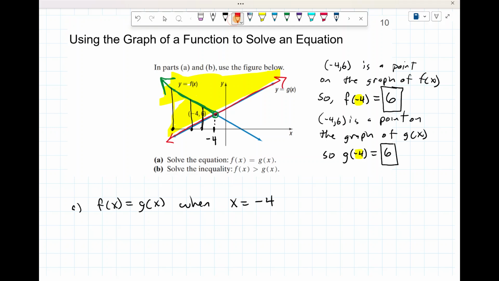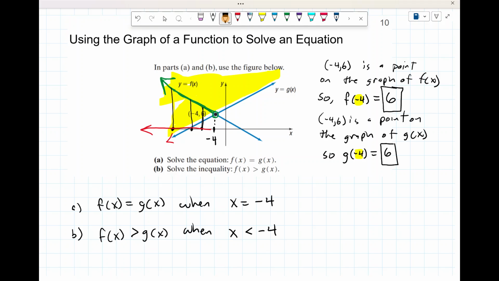So when is f of x bigger than g of x? All these points going to the left, right? So those are all the points less than -4. F of x is greater than g of x when x is less than -4.